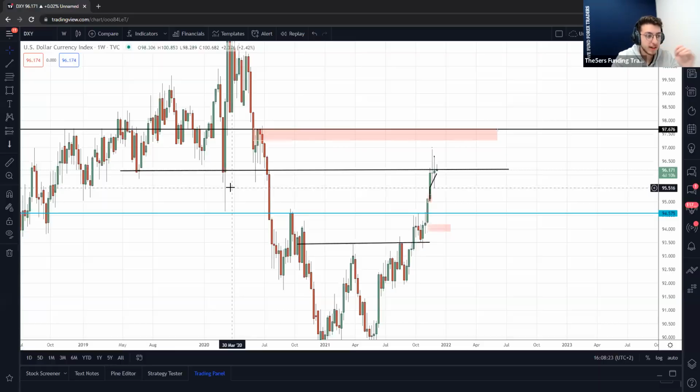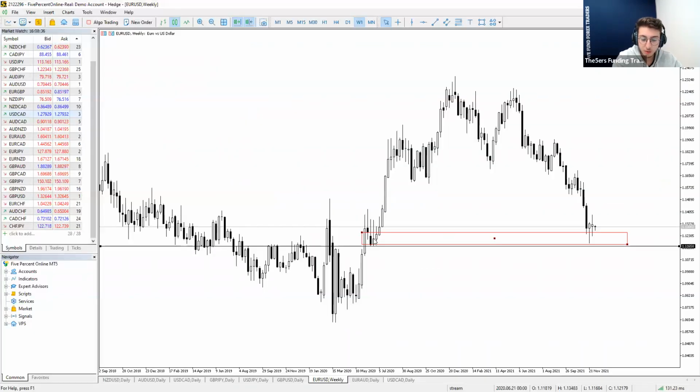Okay, so the zone that I just showed you is exactly this zone here. You see that it makes a small retracement and then goes back. It's exactly what we see here. What it's approximately can happen.